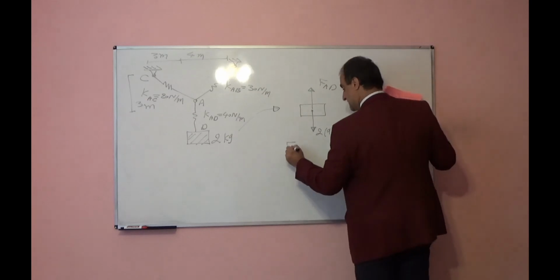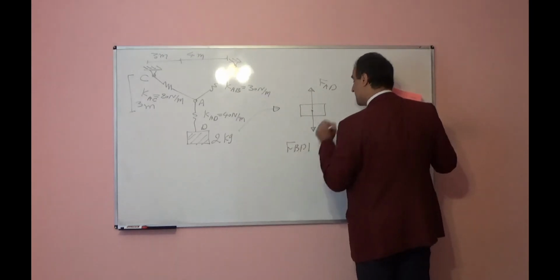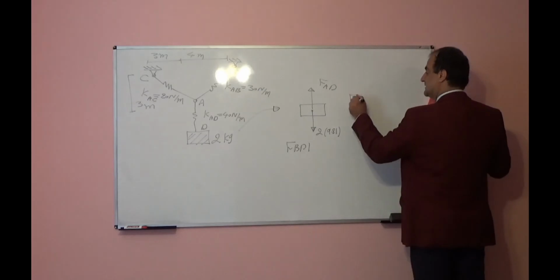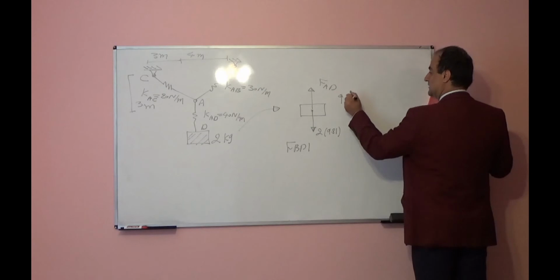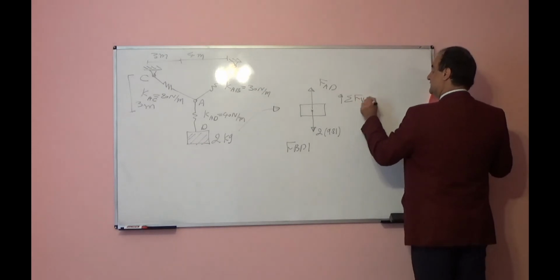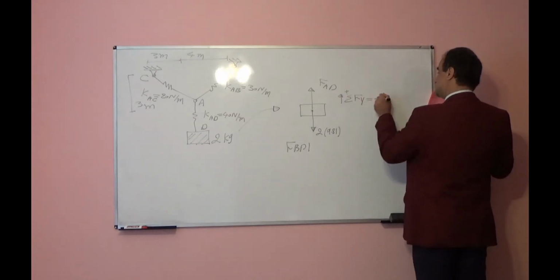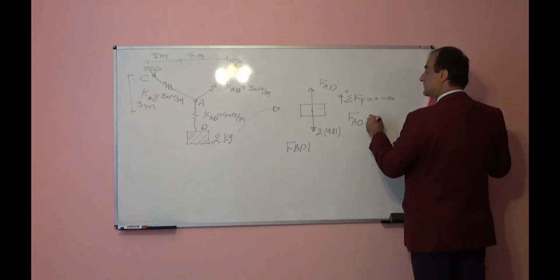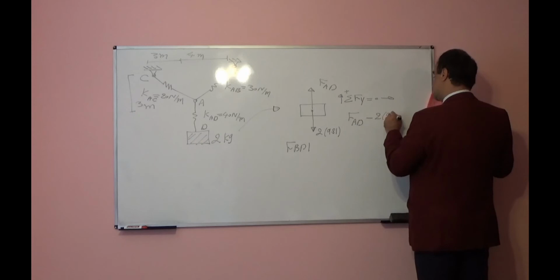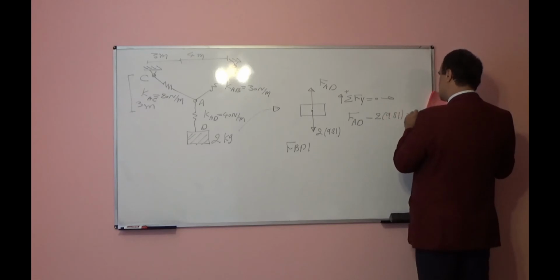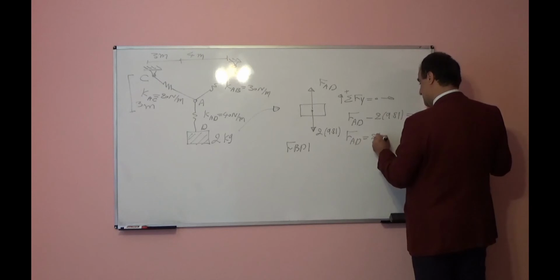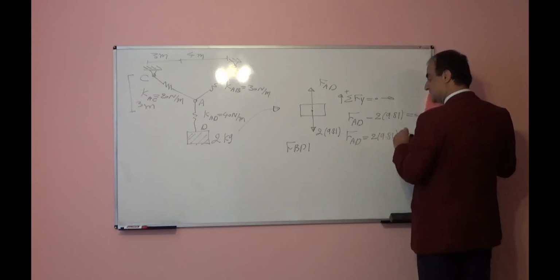So what is the force AD? We can write summation of forces in the vertical direction is equal to 0. From here F AD minus 2 times 9.81 is equal to 0. So FAD will be equal to 2 times 9.81.